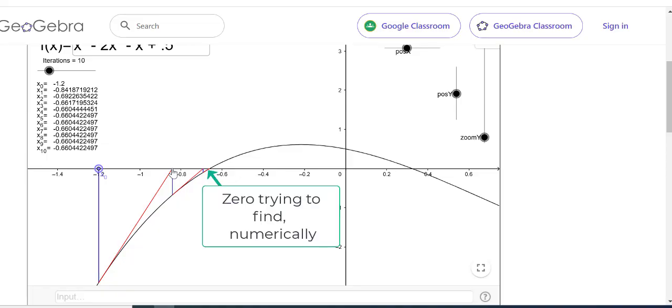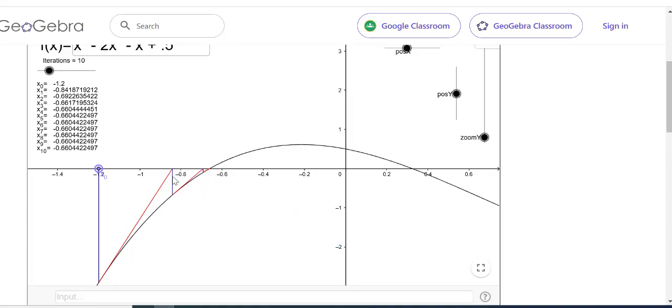So do the process again. Use that now as your x value. Find where that x value meets your curve, so your function's value. Write the equation of the tangent line. You're even closer. Now that x value, that zero, where does that meet your function? Tangent line, and then you're almost there.